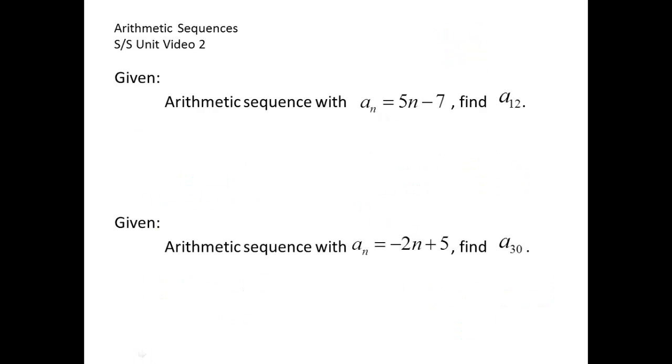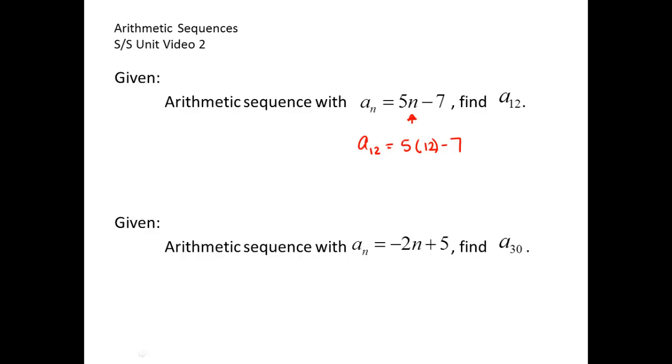All right. So this time I'm given the arithmetic sequence. It's in an explicit form because I can substitute in an n to find the number of terms. So this is a simplified form. We talked about that previously. So a simplified form of the explicit. So again, I'm going to want to find a sub 12, and that's going to be 5 times 12 minus 7.